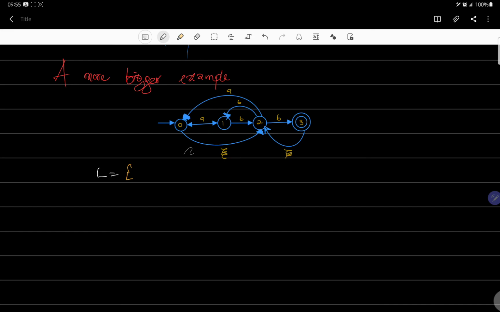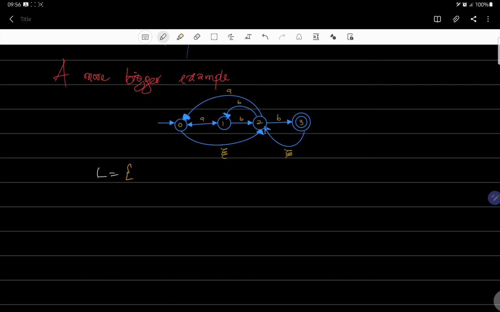But a cannot be the only thing, because b is the only thing that enters the final state, so just be careful.